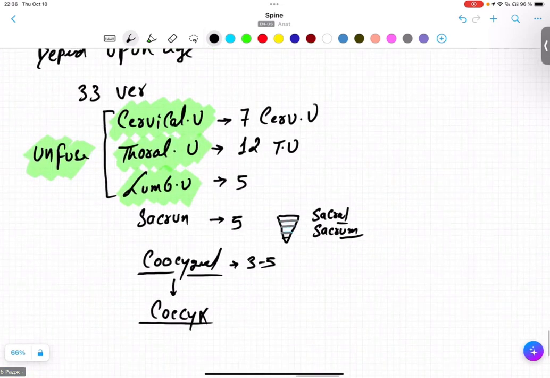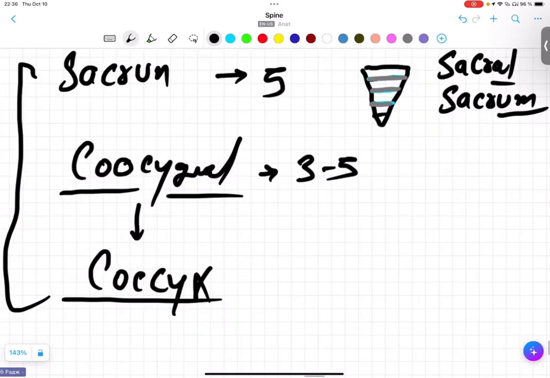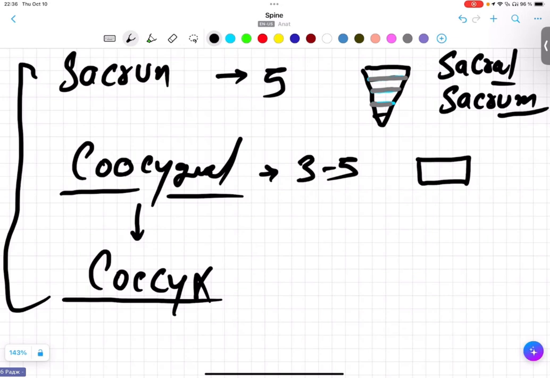So, इतना समझ में आया? Yes. So you had the difference between coccygeal vertebrae and coccyx. See, they are called coccygeal when they are unfused. For example, you had 1, 2, 3, 4, and 5. They are unfused. Those are known as coccygeal vertebrae.